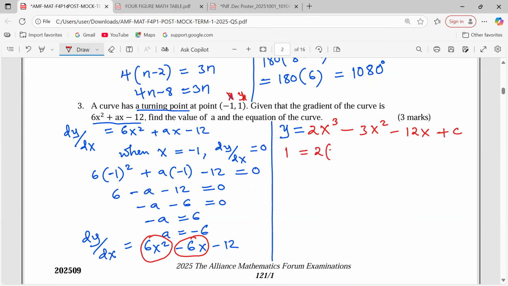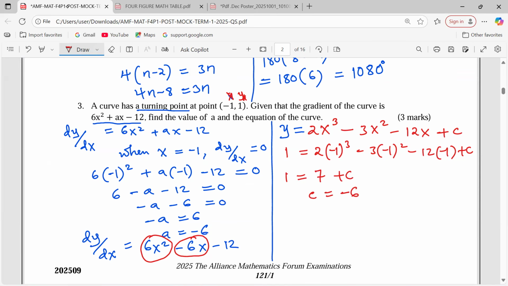So 2 into -1 cubed minus 3 into -1 squared minus 12 into -1 plus c. So we can work this out: -1 cubed, -1 squared, 12 into -1. So we are having 7 plus c. How shall you remain with c? -6, like that.